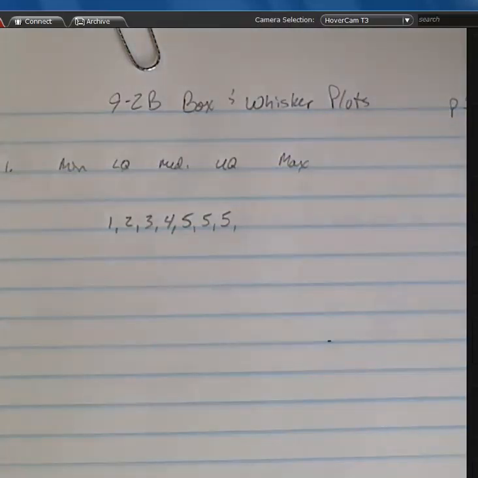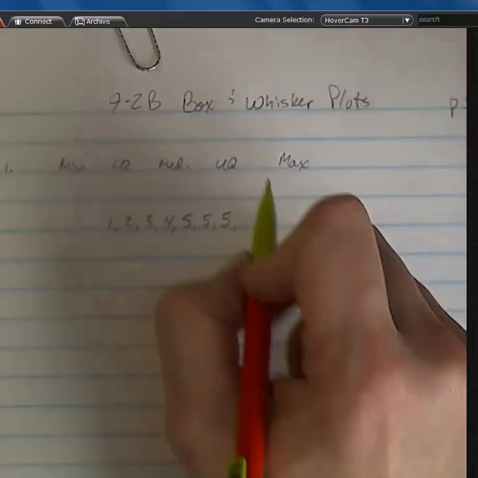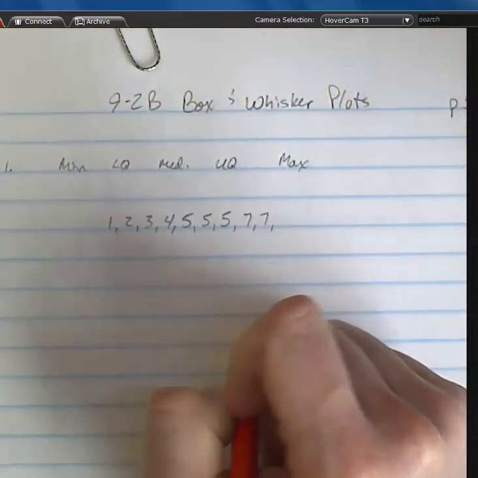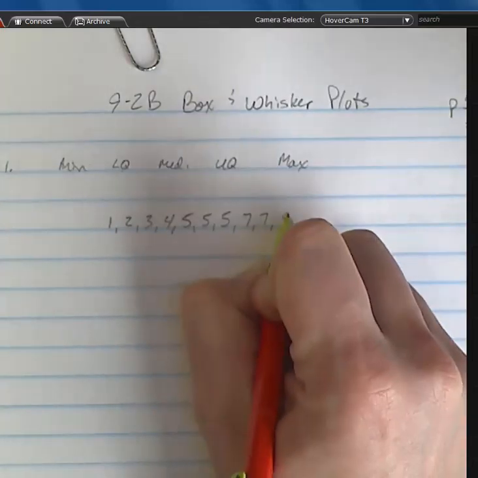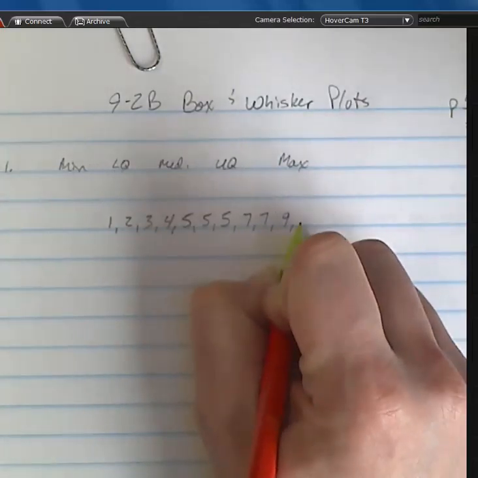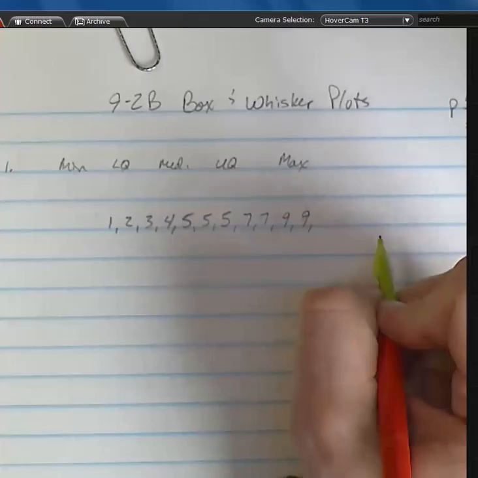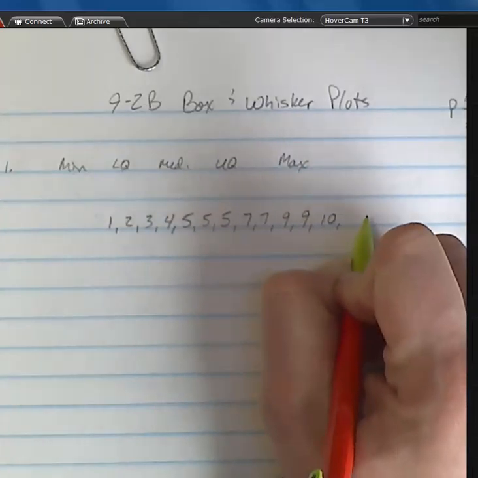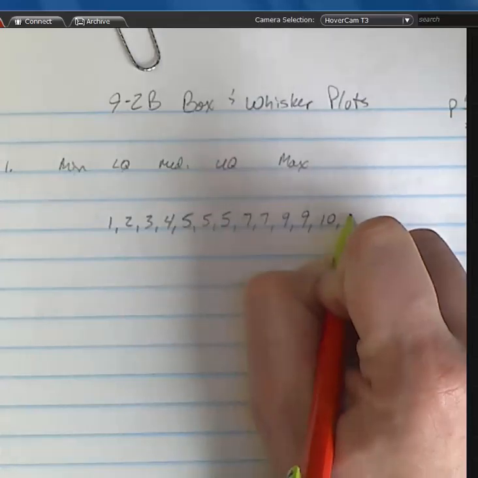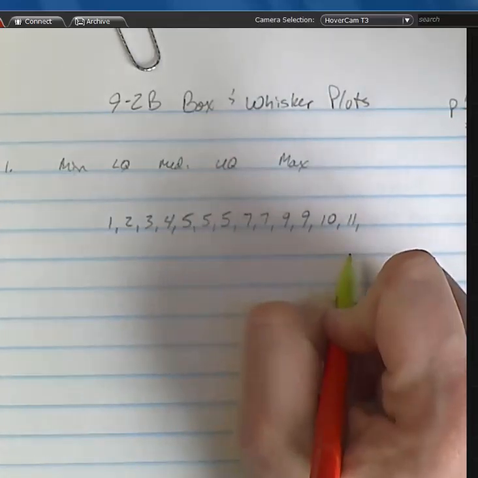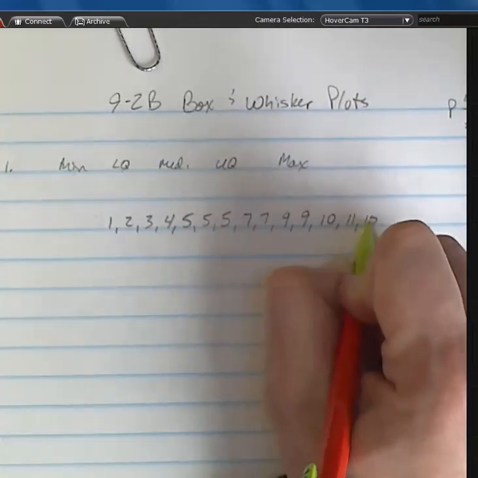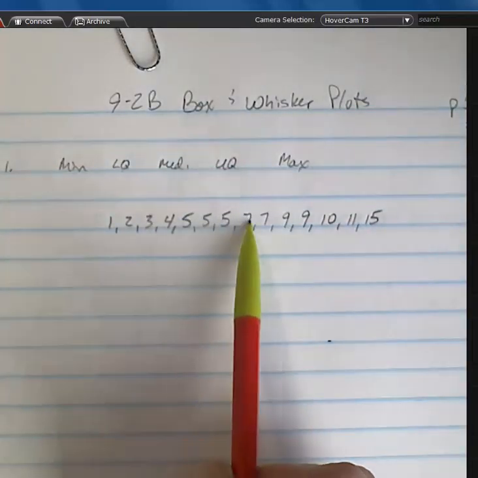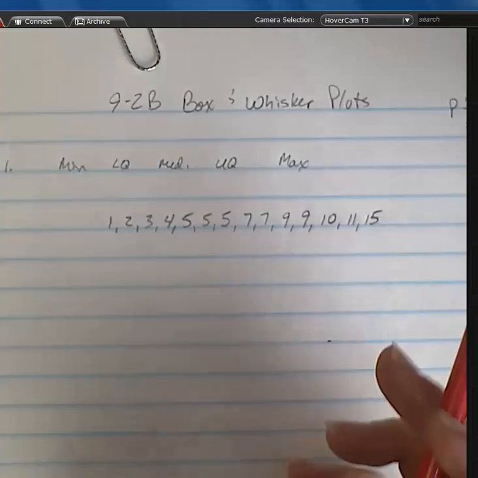I don't see any 6s, but I see 2 7s. A 9 and another 9. A 10, 11, 15, and now I'm going to count. Do I have 14? 1, 2, 3, 4, 5, 6, 7, 8, 9, 10, 11, 12, 13, 14. I have 14.